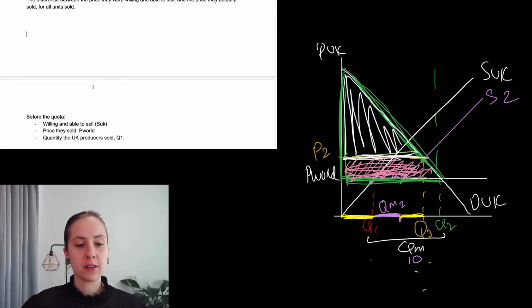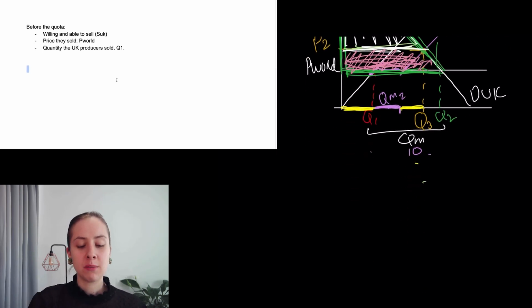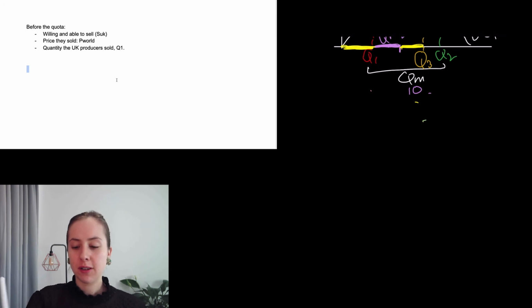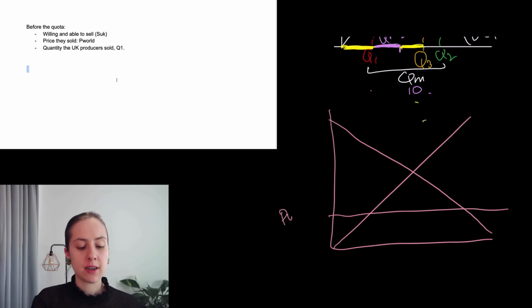Kind of running out of colors here. But yeah, maybe let's just do a new graph. So originally at P World, the UK was only selling Q1. How did you know that?